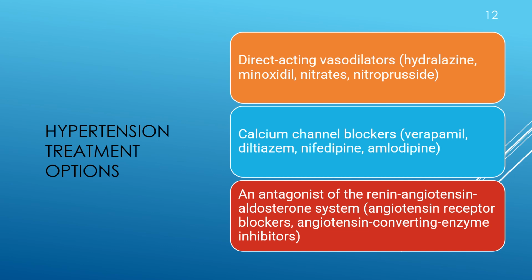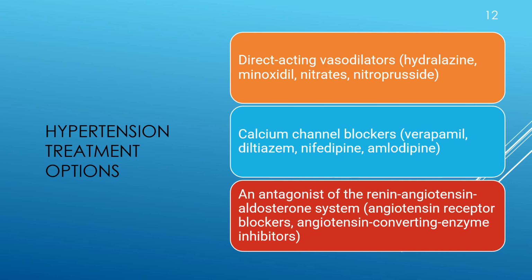Here are some of the treatment options for treating hypertension. You could do it through direct-acting vasodilators such as nitrates and nitroprusside. You could also use calcium channel blockers. And the third choice is an antagonist of the renin-angiotensin-aldosterone system.